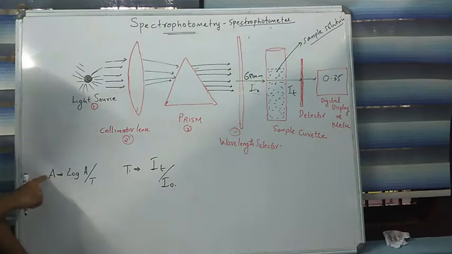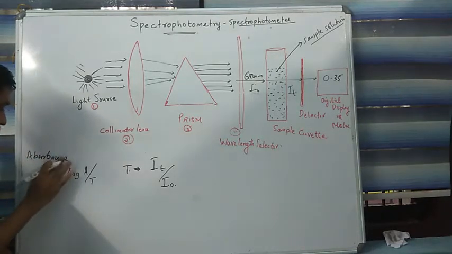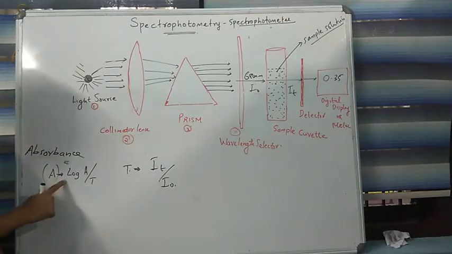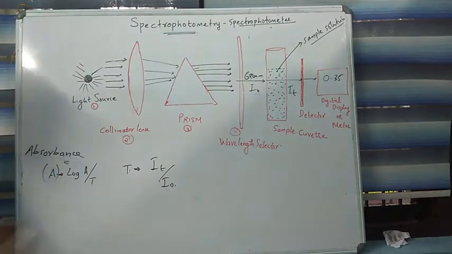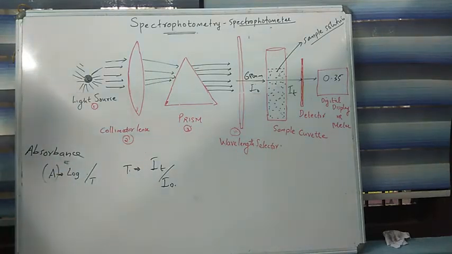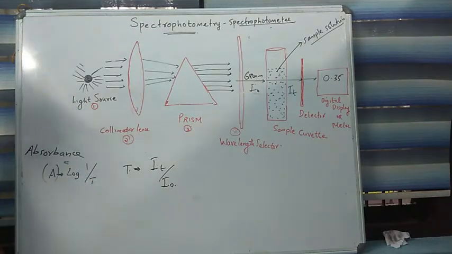This is the mathematical equation for absorbance. The absorbance value A is equal to log 1 by T, that is, log 1 by transmittance.